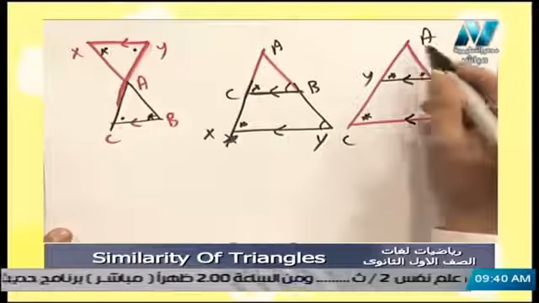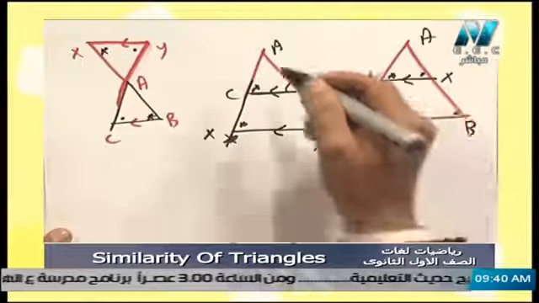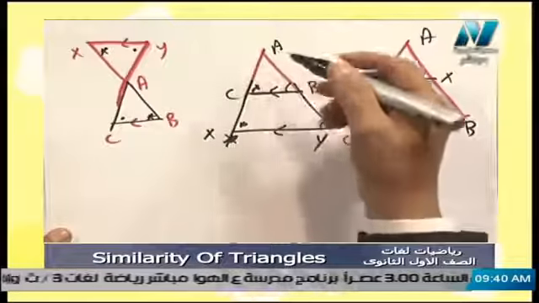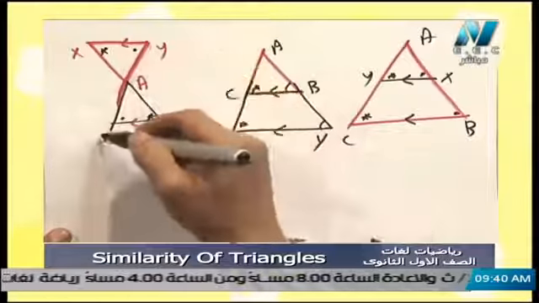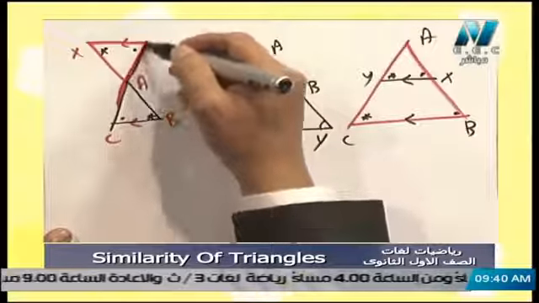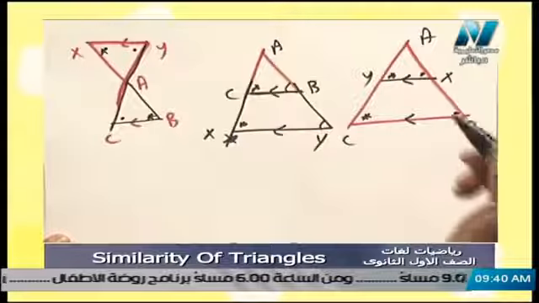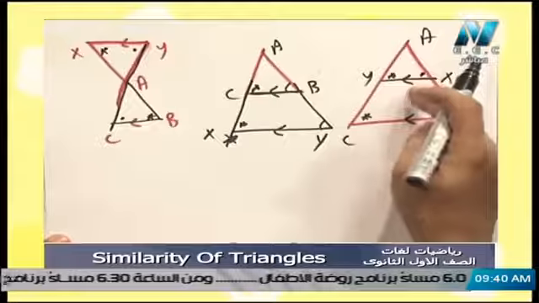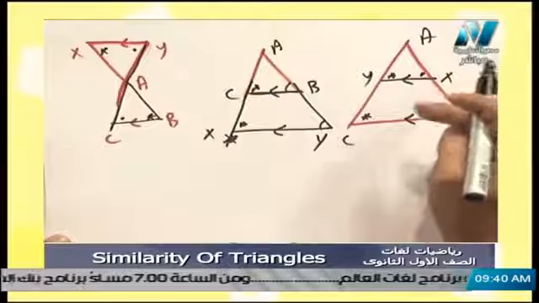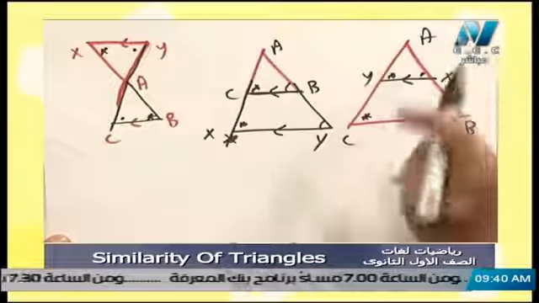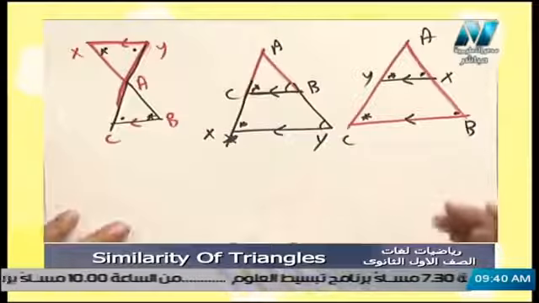So triangle ABC will be similar to triangle AXY. So if we have a parallel line that intersects two sides of a triangle internally like that or externally like that, we will have two triangles, the small one and the big one, that are similar to each other.